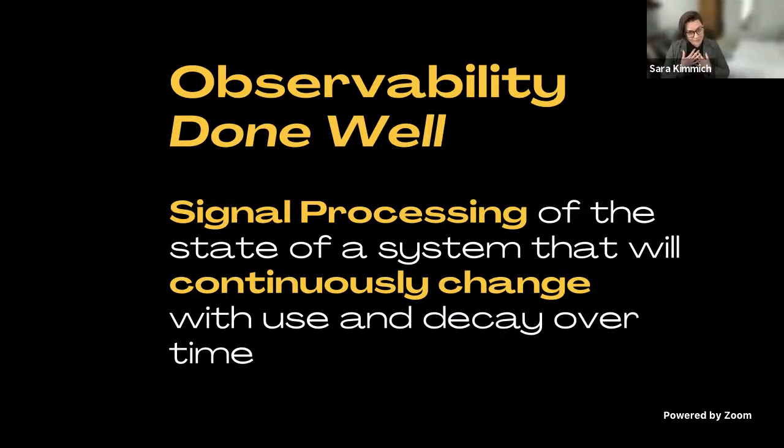So in my definition, and genuinely this is a personal definition for observability, I define good observability in SRE as signal processing of the state of a system that will continuously change with use and decay over time. I want to create a really good cockpit so that I know it can steer my team, my development, and my business value forward by making sure that what I have is a stable system.